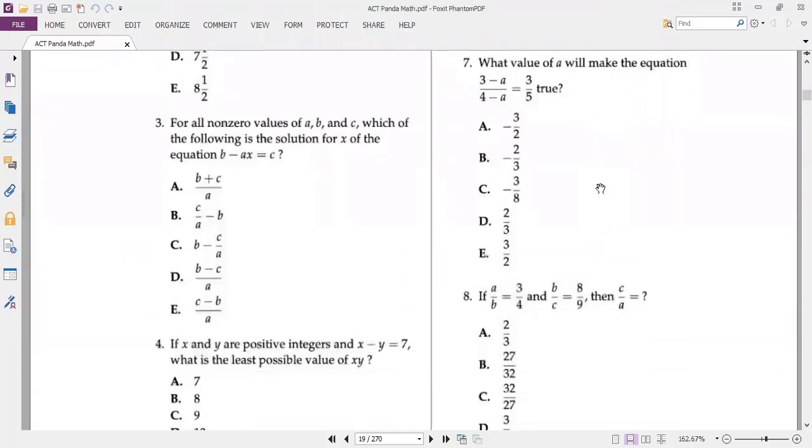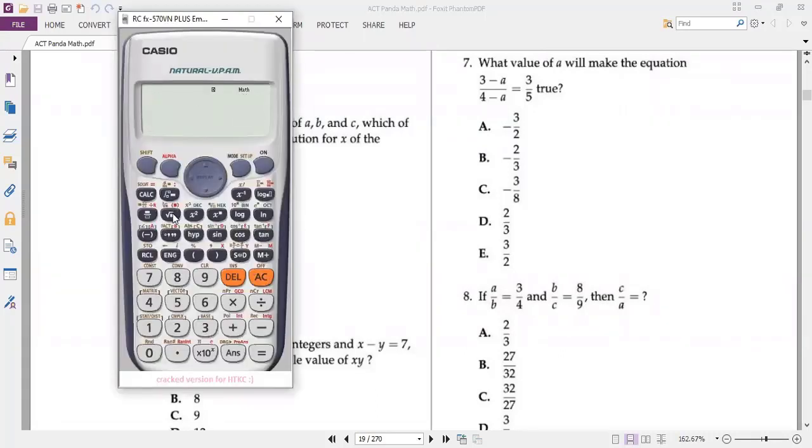Number 7, what is the value of A that makes the equation right? The same exactly. Back to the calculator is the fastest way, and I will explain it without calculators.